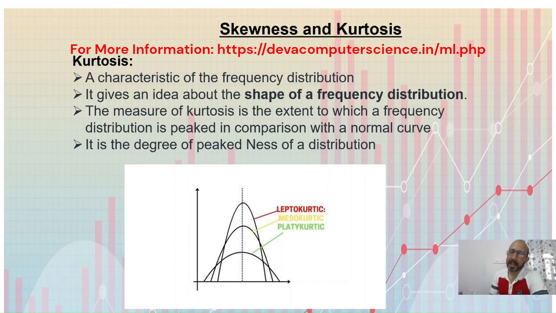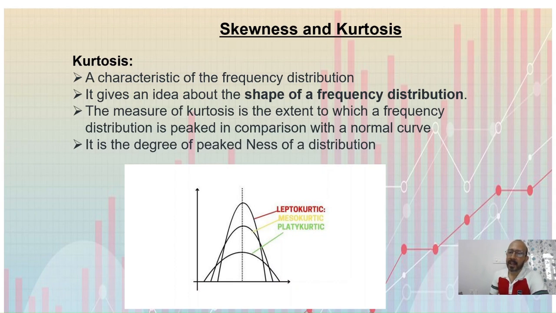It gives an idea about the shape of the frequency distribution. The measure of kurtosis is the extent to which a frequency distribution is peaked in comparison with a normal curve. It's the degree of peakedness of a distribution. That is the main important thing.